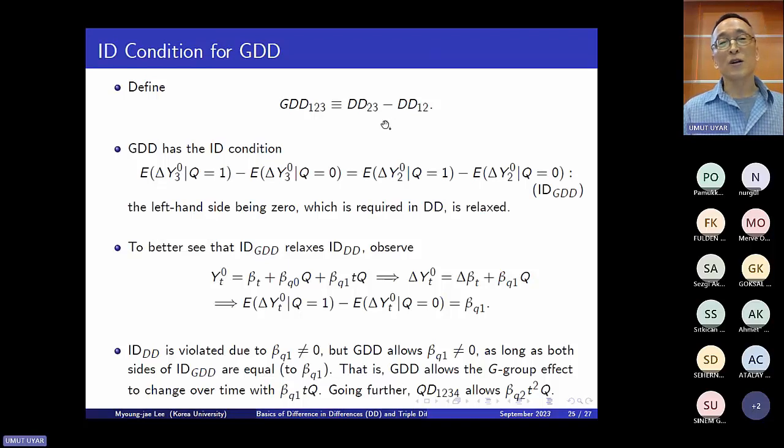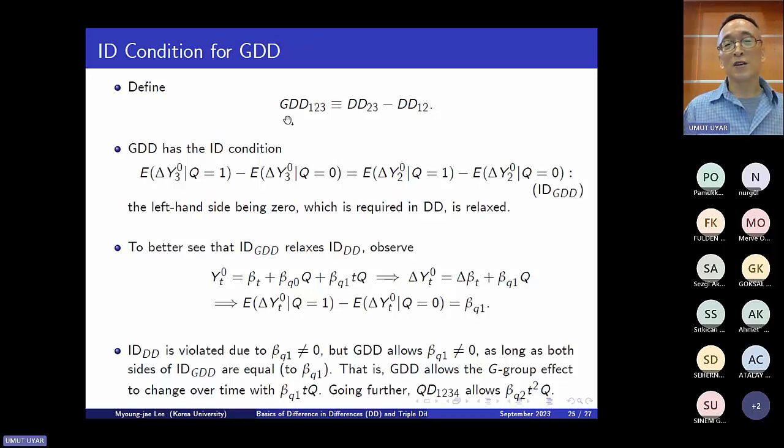So if you use this triple difference, the identification condition to find the treatment effect looks like this. You see, in this condition, the left-hand side is the DD ID condition. The DD ID condition is that the left-hand side is equal to 0.